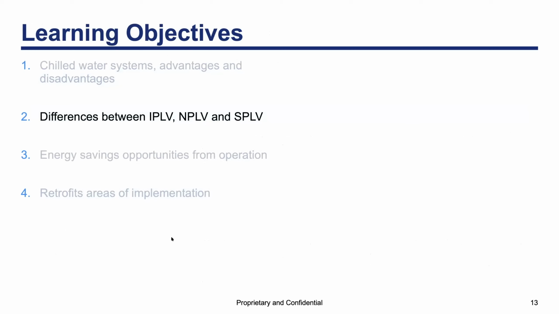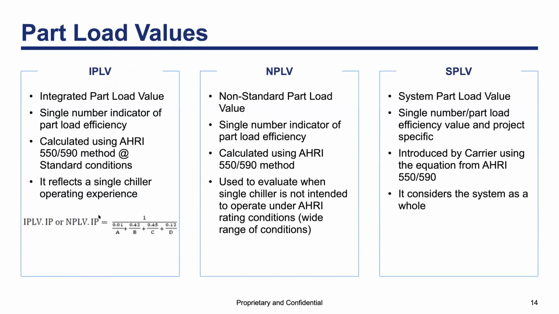So moving on with topic number two of the learning objective, differences between IPLV, NPLV, and SPLV. Some of you might recall that back in the late 1990s, ARI published a new standard that affects the rating and testing of chillers used in comfort cooling.